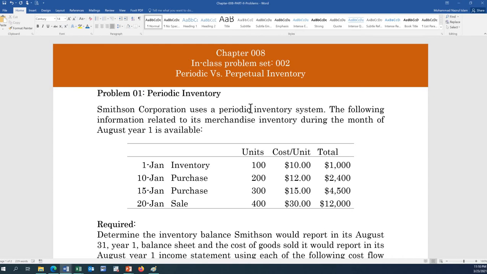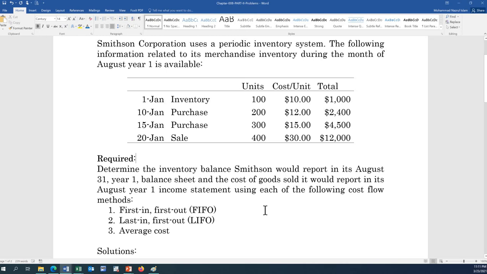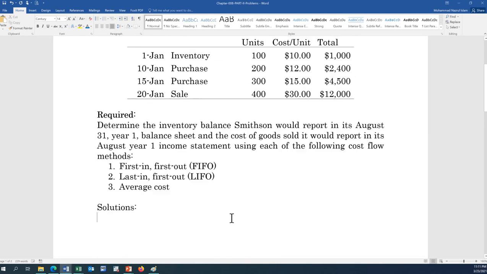Then January 10 purchase, January 15 purchase, and January 20 sale. Requirement: determine the inventory balance Smithson would report in its August 31st, year 1 balance sheet, and the cost of goods sold it would report in its August year 1 income statement using each of the following cost flow methods.